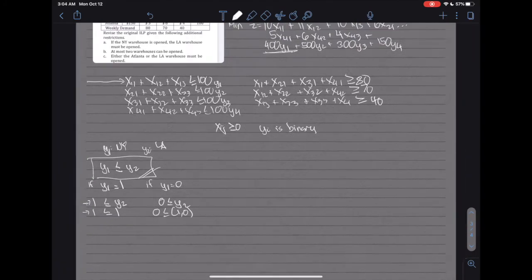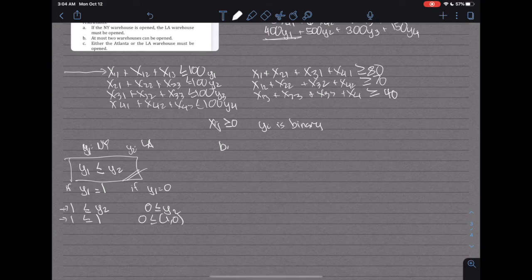Next, letter B. At most, 2 warehouses can be opened. This is similar to our at most constraint from the previous example. So we just say y1 plus y2 plus y3 plus y4. At most 2. Therefore, that's going to be less than or equal to 2.